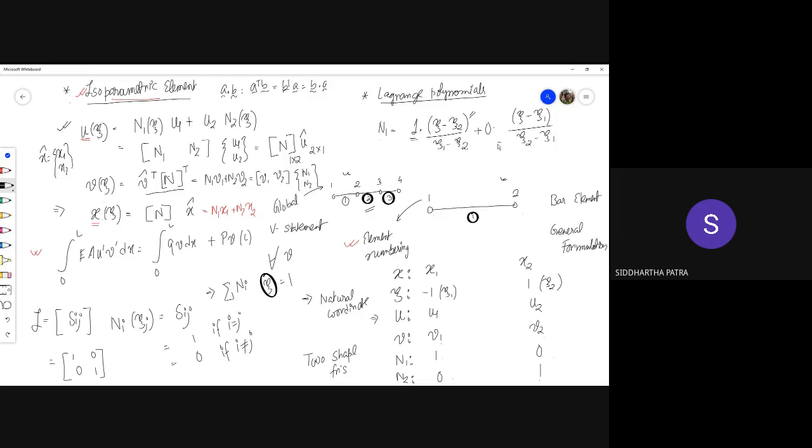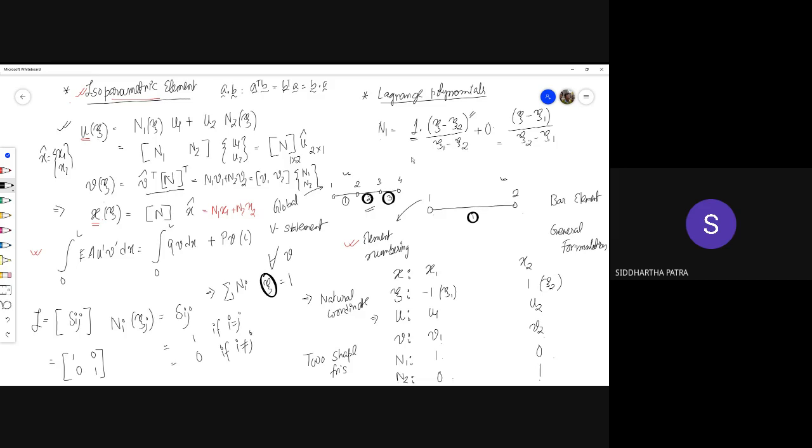What happens to the second term? When you substitute xi1, the numerator becomes 0. So the value of N1 at xi2 doesn't come into the picture. So the Lagrange polynomial essentially gives you the simplest way to ensure that a given polynomial has so and so values at so and so locations.